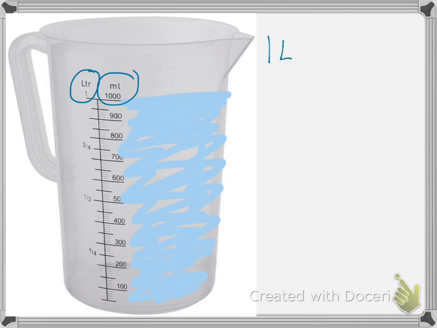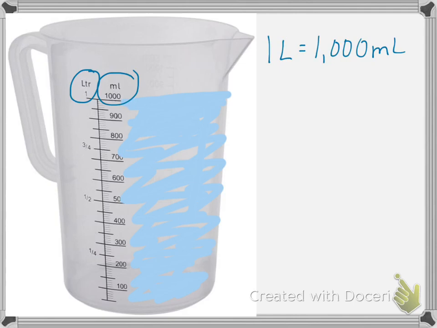1 liter equals 1,000 milliliters. Okay, so a milliliter is very, very small. Think of the paper clip and the bottle of soda, the weight of those. This is the same. 1,000 milliliters is just like one of those ones cubes.